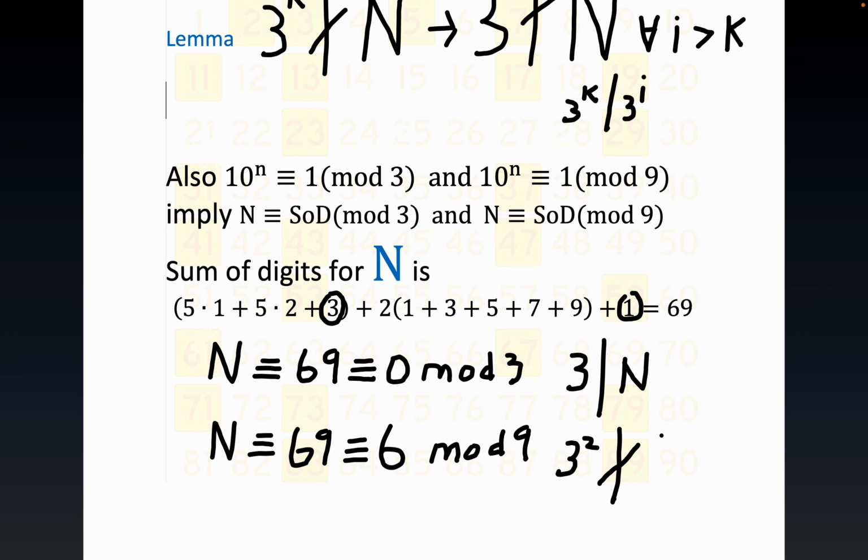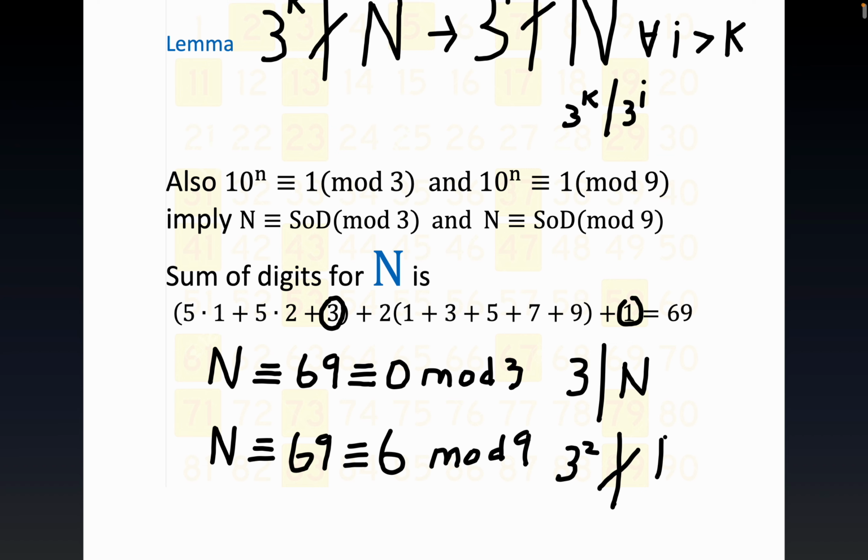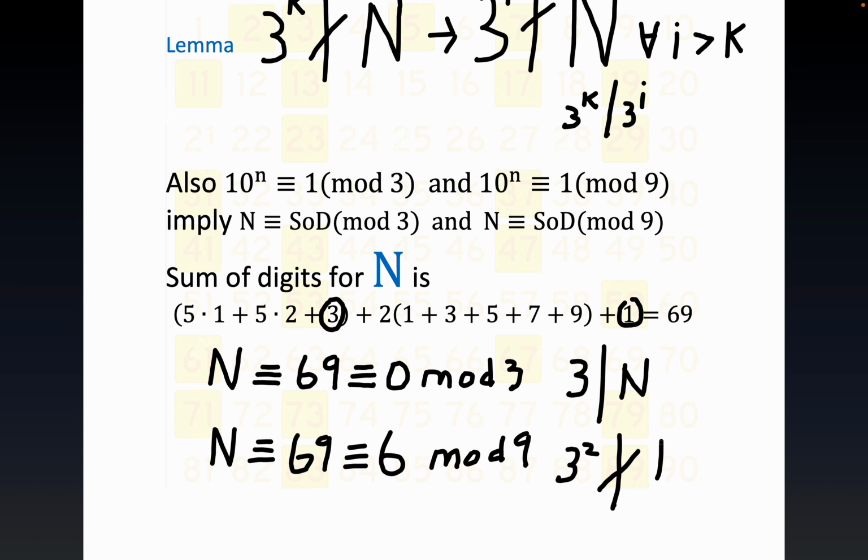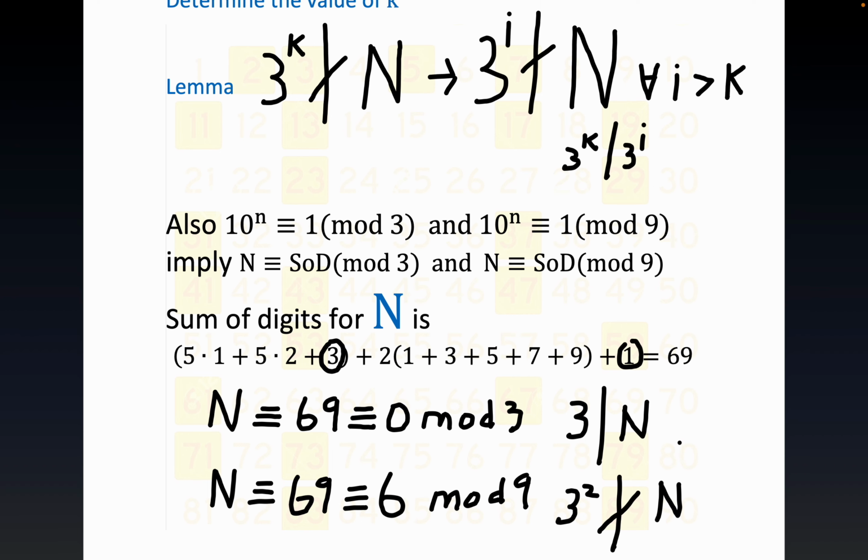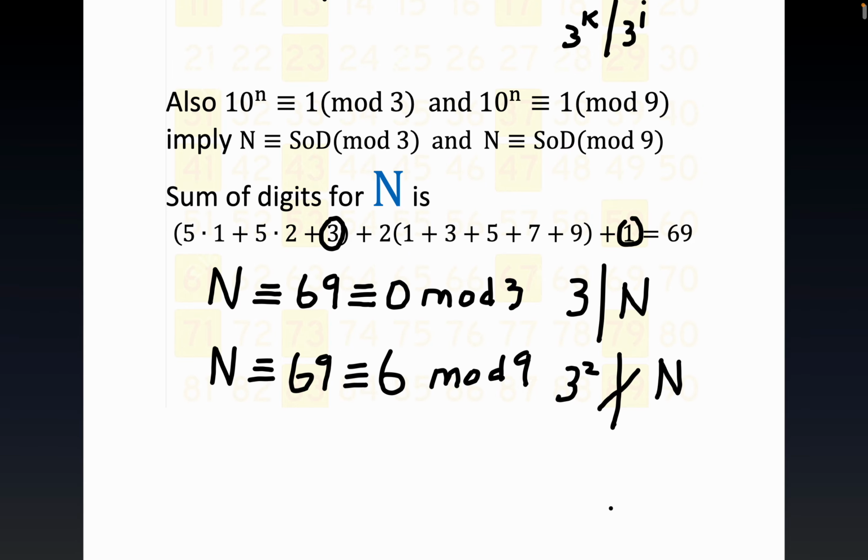But now that takes us back to the result. There we go. So folks, now we just appeal to this result right here. If 3 squared does not divide n, it cannot divide any other higher powers. And so we have shown that 3 raised to the first power divides n exactly.